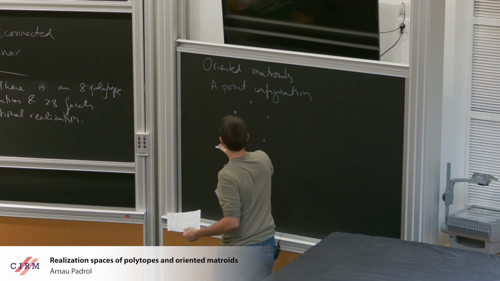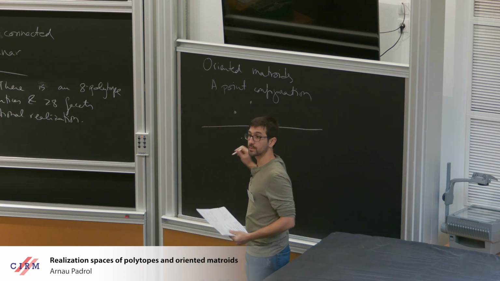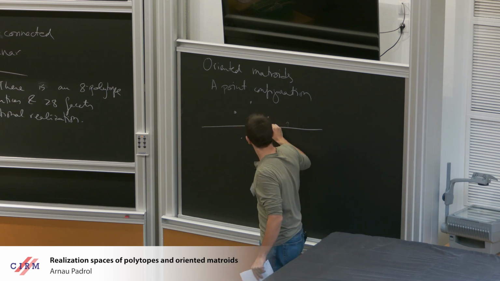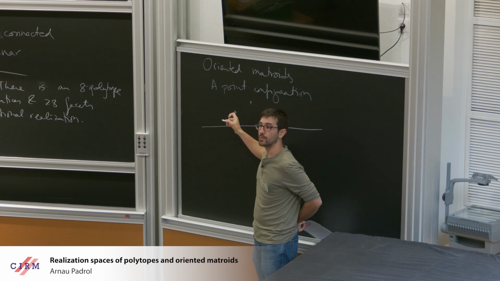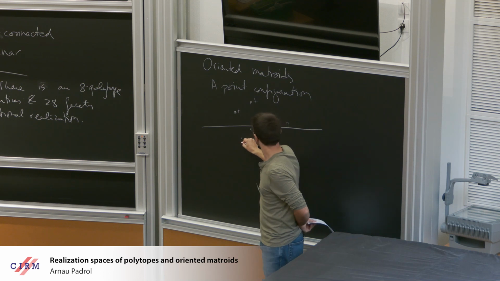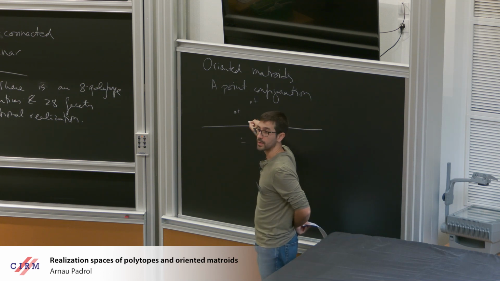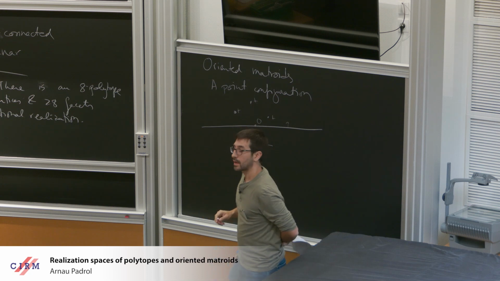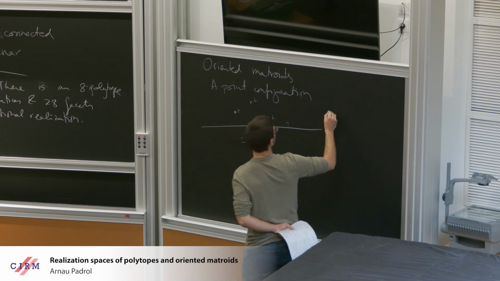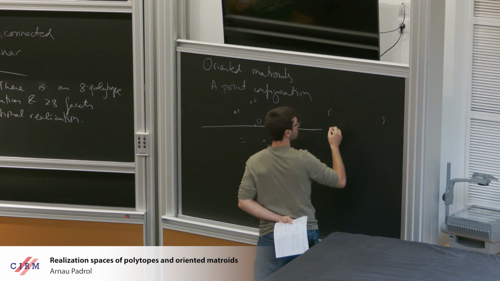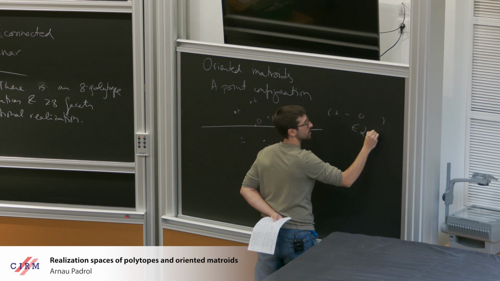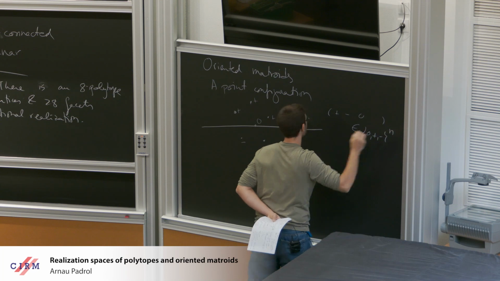I'll take all hyperplanes, oriented hyperplanes, so they have a positive side and a negative side. And for every point, I will look at which side they are, and if they are in the positive side, I'll store a plus. If they are in the negative side, I'll store a minus, and if they are on the hyperplane, I store a 0. Okay? And I do that for all possible hyperplanes, and I get a collection of sign vectors. So I get vectors that have pluses, minuses, and zeros. So this is in {0, +, -}^n.